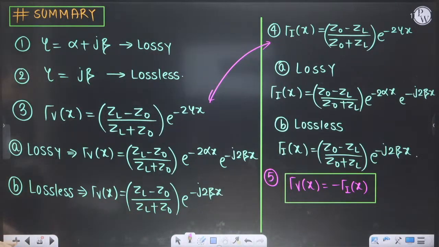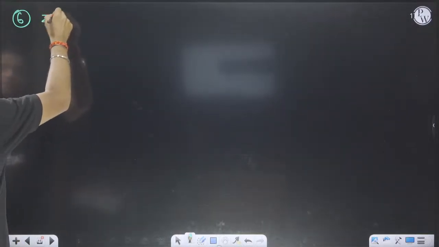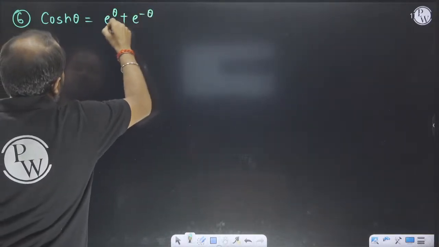Then the sixth point, after which I am going to give you a summary, that means a perfect example analysis so that you will remember everything. Then we have Zx, in which I will write cos hyperbolic theta. Cos hyperbolic theta is written as e to the power theta plus e to the power minus theta divided by 2.